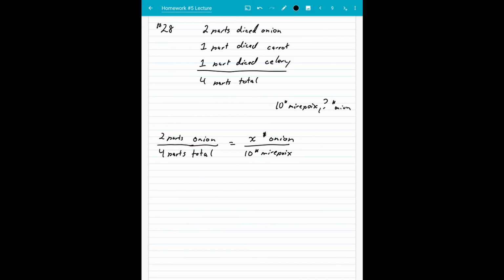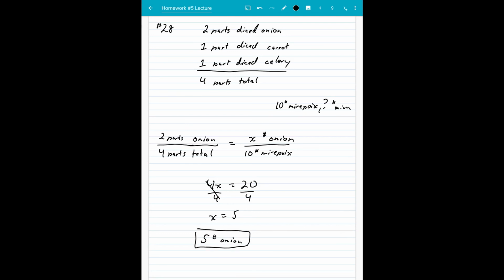So we can see it's onion to onion and Mirepoix to Mirepoix is the total for this one. We can go ahead and set up the cross multiplication. 4 times x makes 4x. 2 times 10 makes 20. Divide both sides by 4. You end up getting x equals 5. So this would be 5 pounds of onion needed for 10 pounds of Mirepoix.